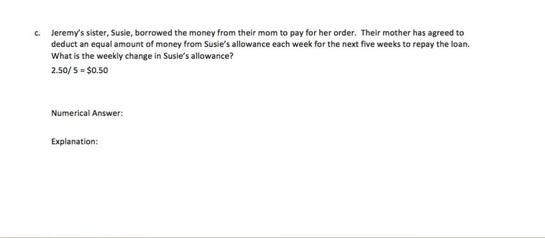The change to Susie's allowance is going to be a negative 50 cents. We put a 0 in front of the decimal point so that we can show that the decimal point exists, and so we represent the amount of dollars as well. So Susie's going to lose 50 cents of her allowance every week.